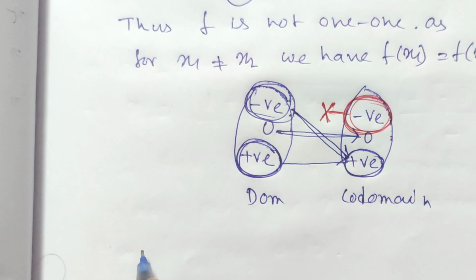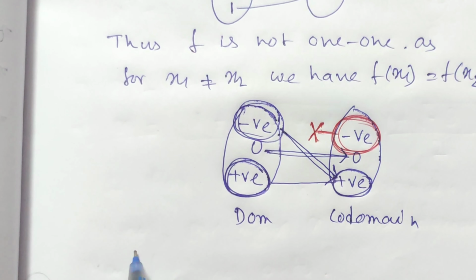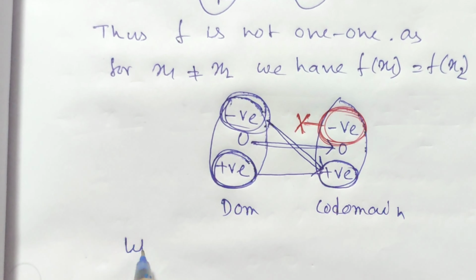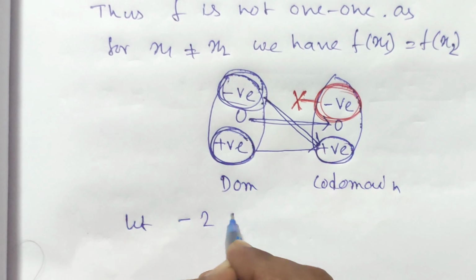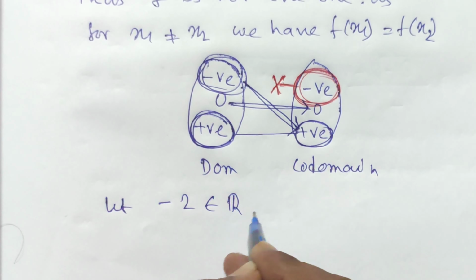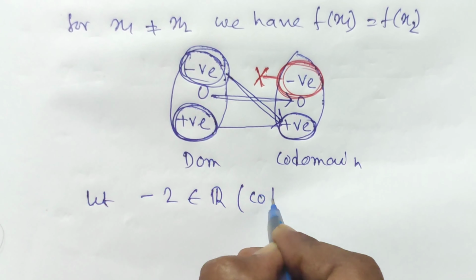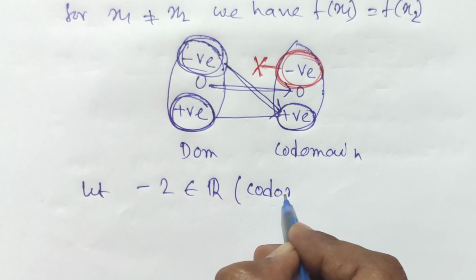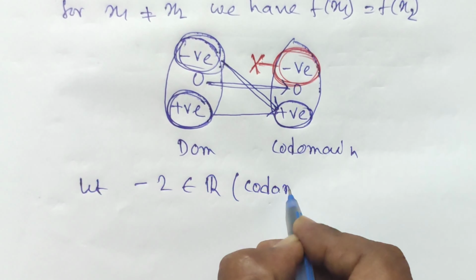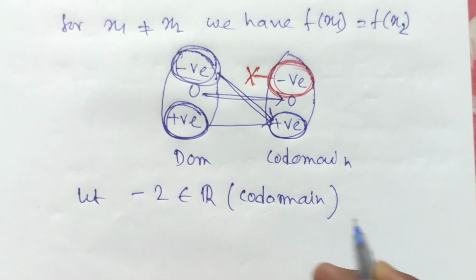So mathematically we have to write that let minus 2 belong to the real numbers, and this is the codomain set.